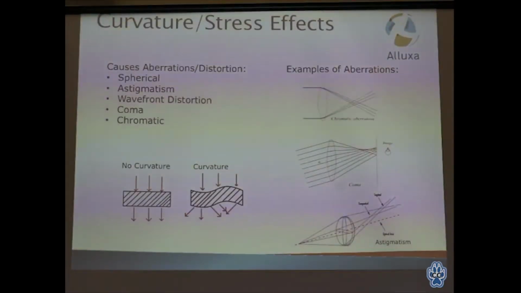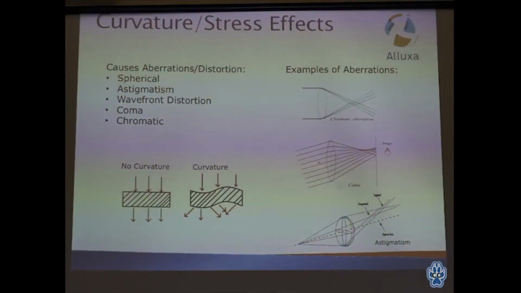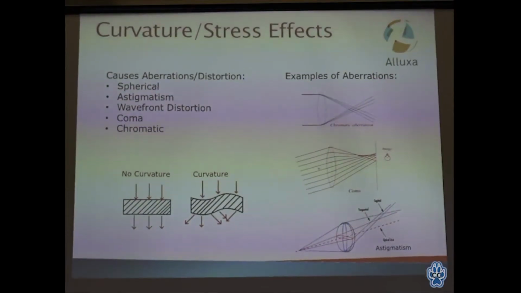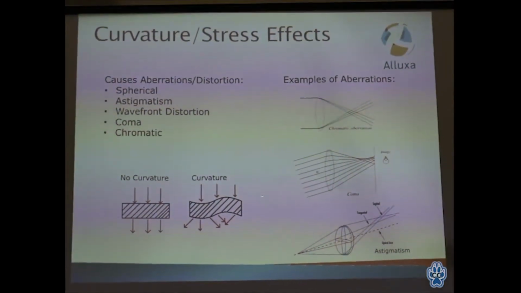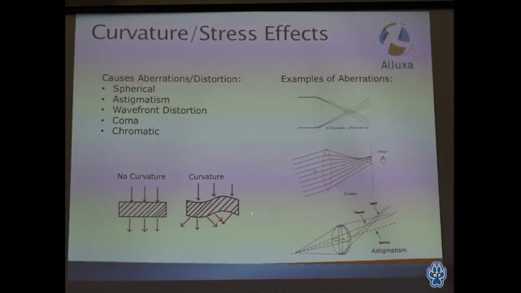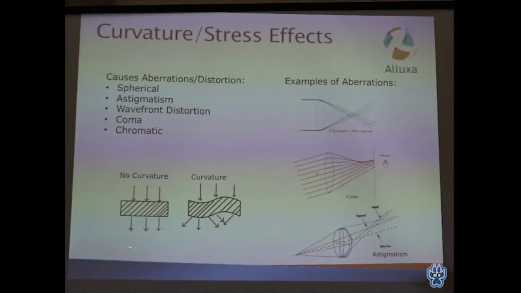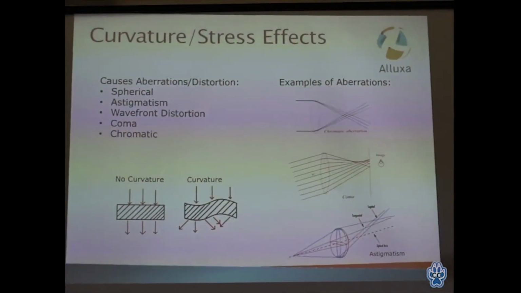So now that you know what thin film filters are and what they do, why is stress bad? Why is curvature bad? Why am I doing this research? The problem with curvature is it does things to light that is not ideal for your system and can cause issues. Looking at this picture here, this is a very oversimplified picture, but essentially you have light hitting your filter coming out straight.